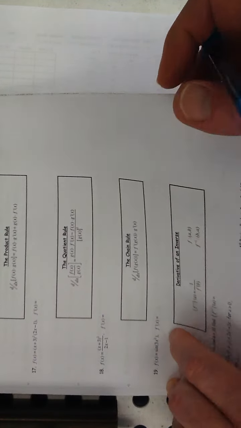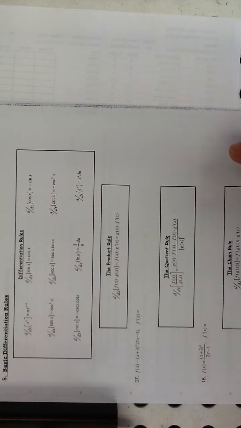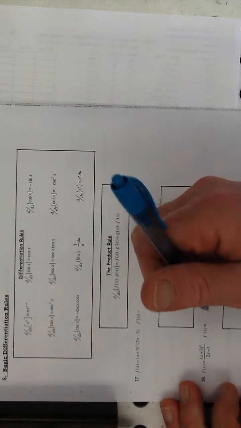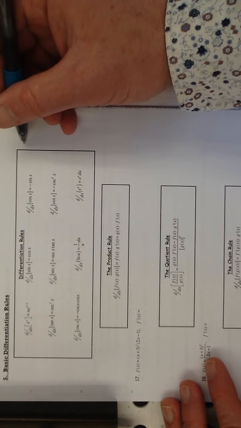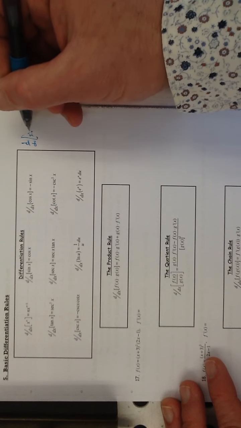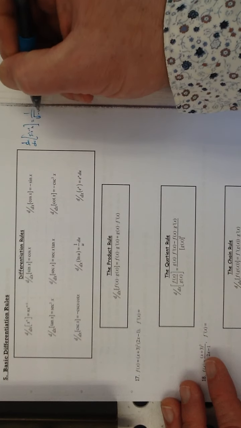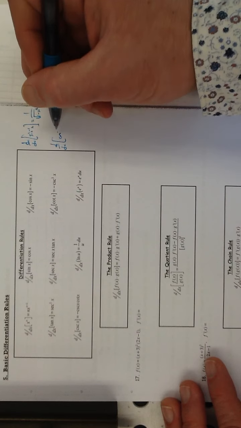Here's a page of a whole bunch of derivative rules. I think I mentioned to everyone that I gave this to that conspicuously missing are the derivatives of sine inverse and cosine inverse.